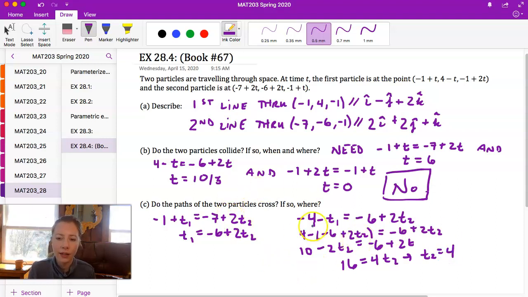And so for the x and y coordinates to match, t1 would need to be -6 plus 2 times 4, which is 2.